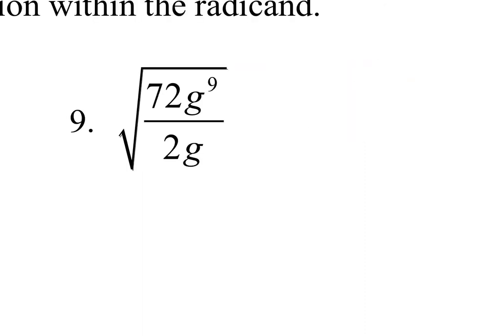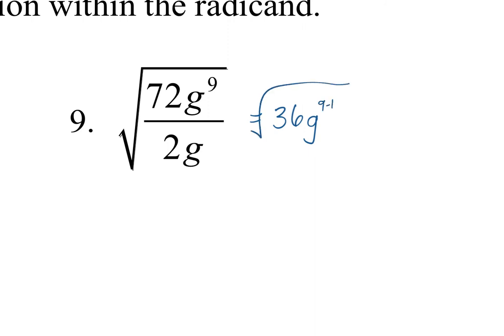On number 9, we can see if we can simplify what 72 divided by 2 is, and it is 36. And then with the g, we can keep the base and subtract the exponents. The exponents are 9 and 1. So you don't have to write it like this. I didn't write it like that last time.